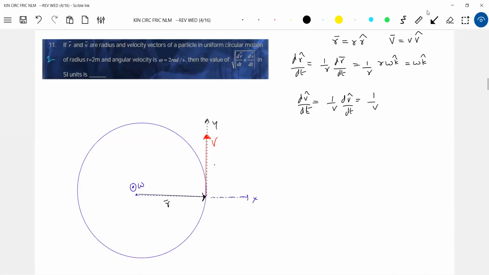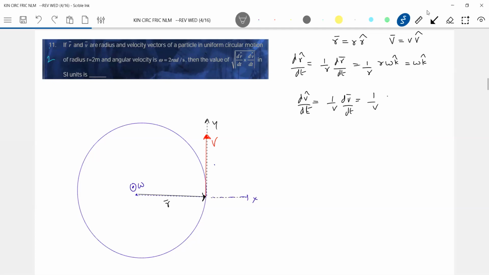Okay, fine. So what I can write, dr bar by dt, I'll write equal to r omega, from omega k cap it will be. Now similarly, dv bar by dt, what should it be equal to? Speed remains constant, so it should be equal to the centripetal acceleration, a n.